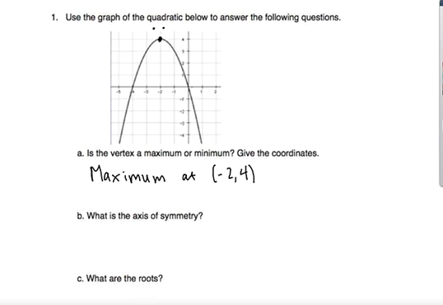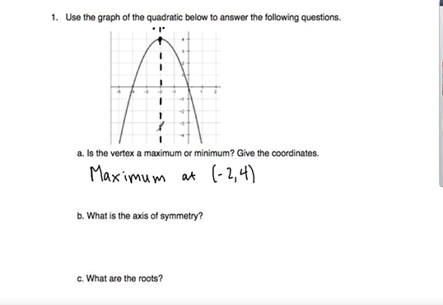What is the axis of symmetry? Remember that the axis of symmetry is an imaginary line that is going to divide our parabola into two equal parts. That imaginary line is going to cut right through our vertex, which in this case is our maximum. So I'm going to draw in my imaginary axis of symmetry here, and I'm going to give the equation for that.